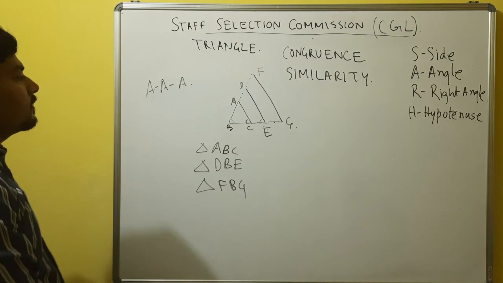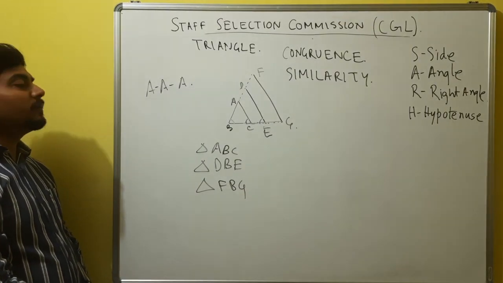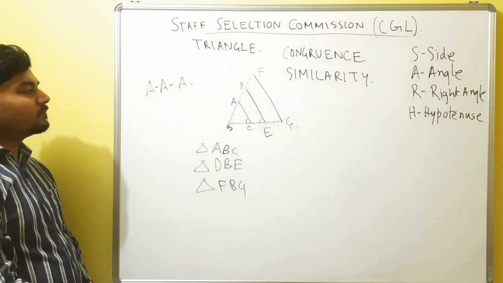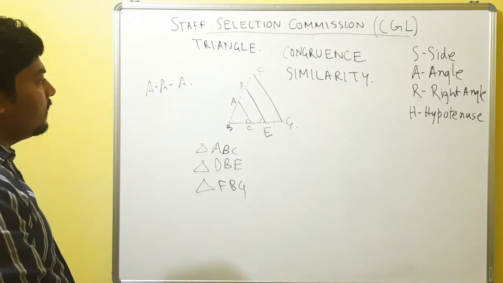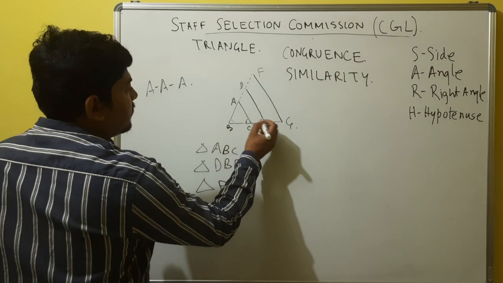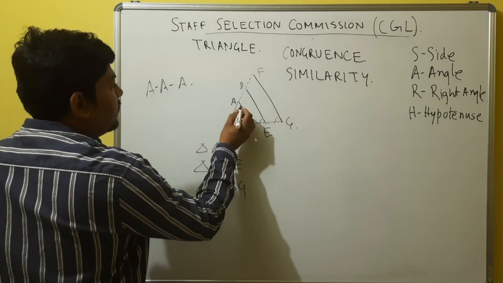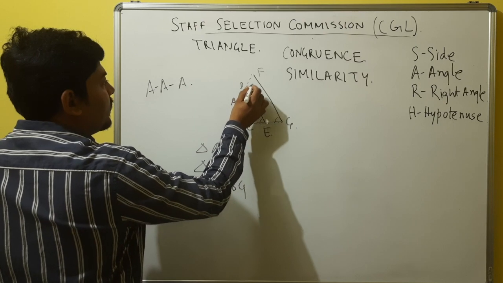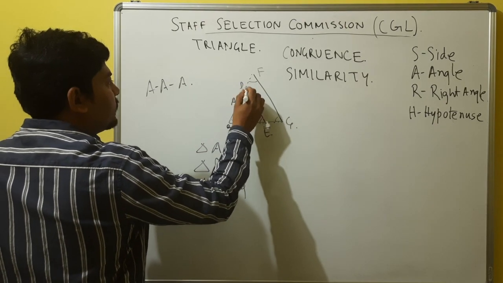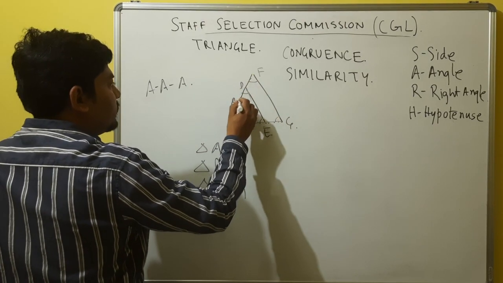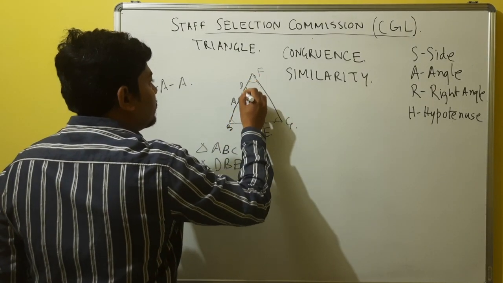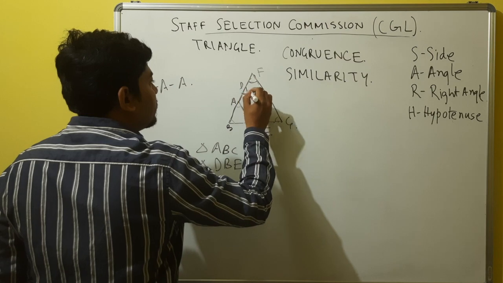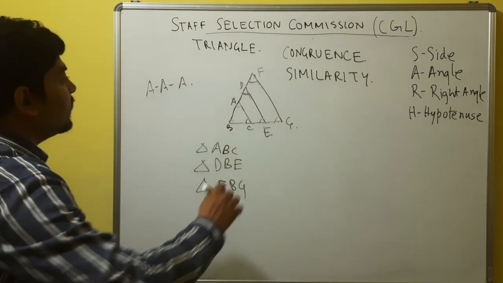That I have already discussed in my previous class, I think in the second class. Similarly this one also, and similarly this one with this one, because these two lines are parallel and this is a transversal. So this angle and this angle are the same.